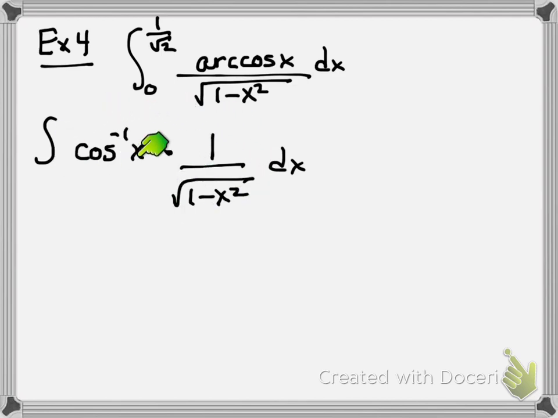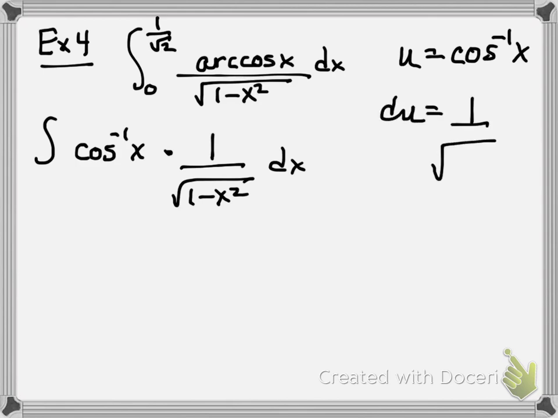So this would be a good thing to let my u equal. My u can equal inverse cosine of x, and then my du will equal 1 over the square root of 1 minus x squared. And of course the dx starts out over here, but then we can multiply it over here. And now this is my du.